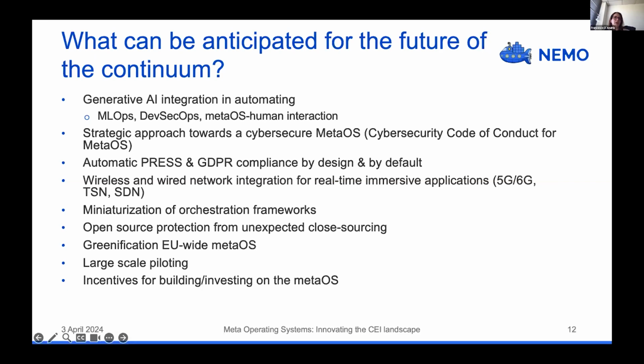The development of relevant skills is another big discussion, I would say. So maybe generative AI could address this lack of skills in some domains.